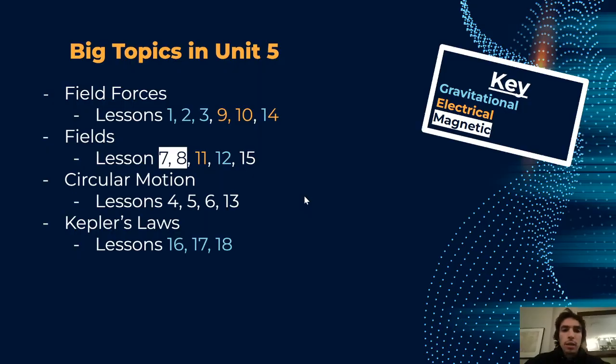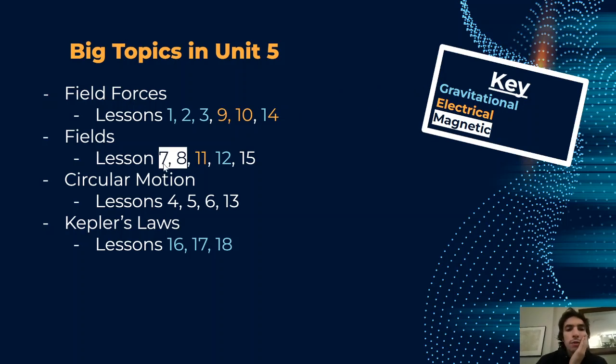The way that I conceptualize the groups in this unit is there are about 6 lessons that are very focused on forces, field forces, action at a distance forces. Lessons 1, 2, and 3 are gravitational force lessons. 9 and 10 are very focused on electrical forces, and then 14 is the comparison between the two. The key that I have here is just to show the approximate focus of each of these.